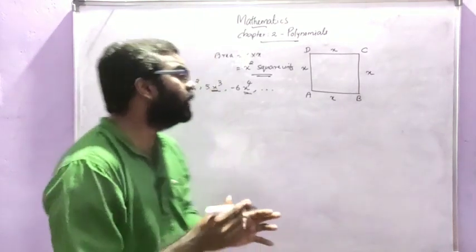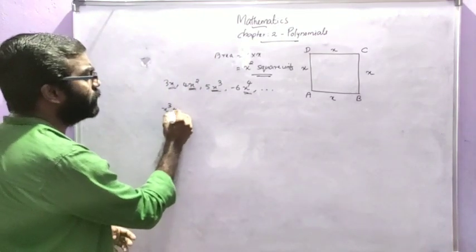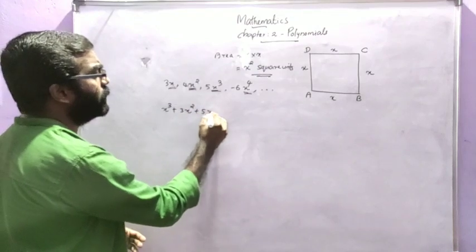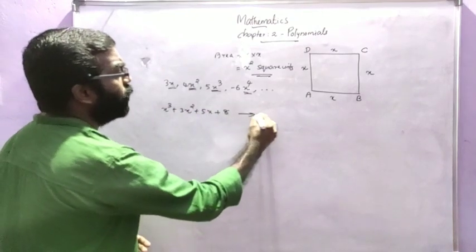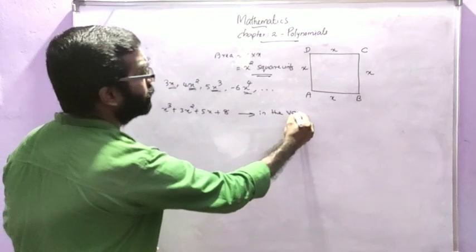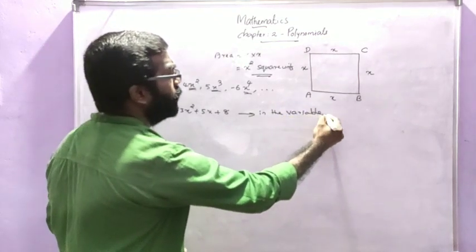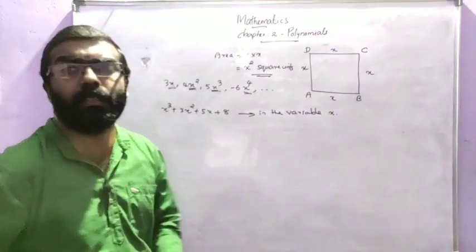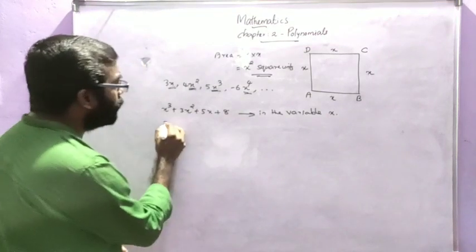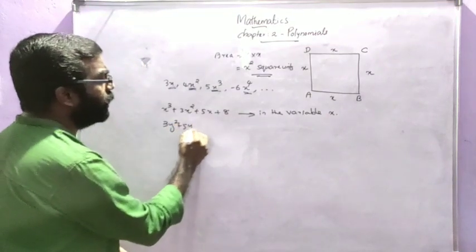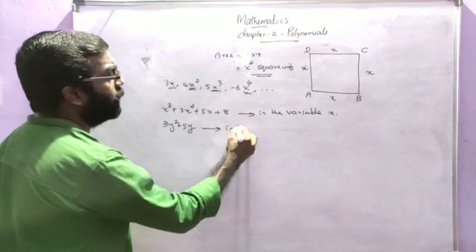For instance, x cube plus 3x square plus 5x plus 8 is a polynomial in the variable x. And 3y square plus 5y is a polynomial in the variable y.